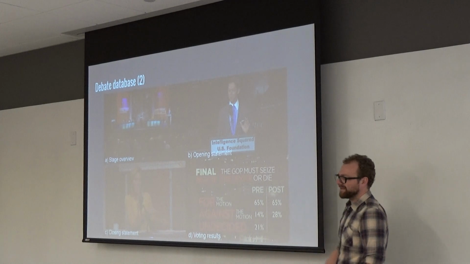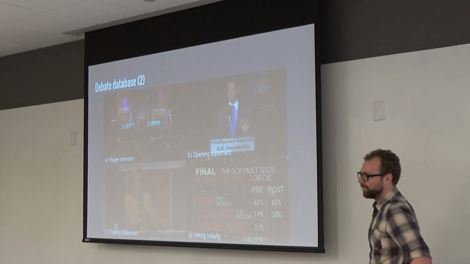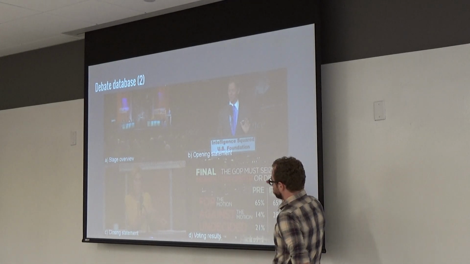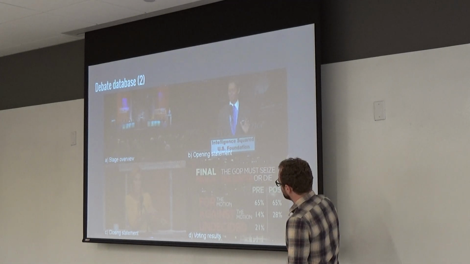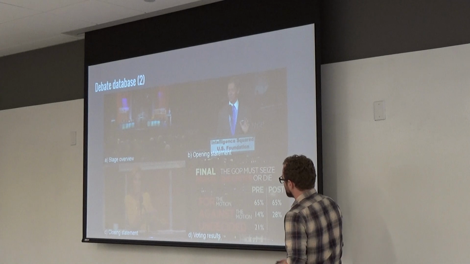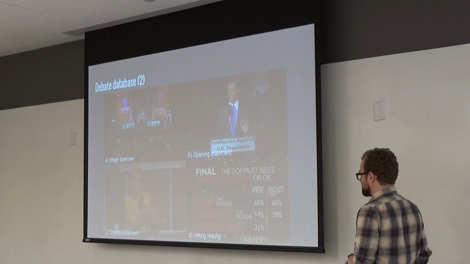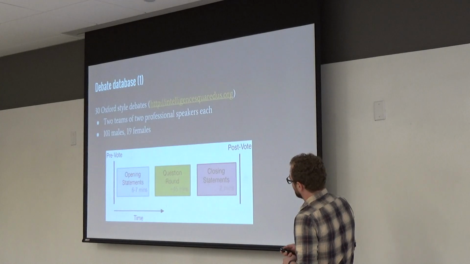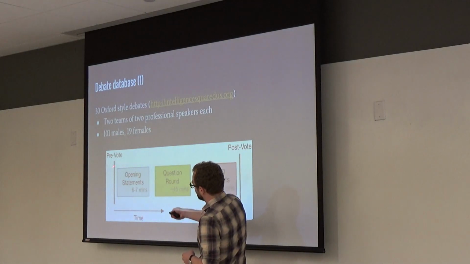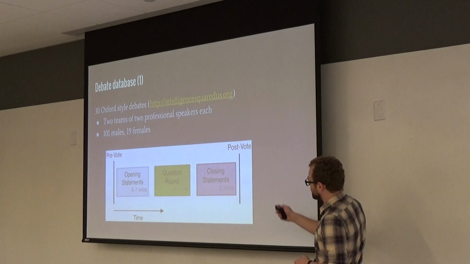So actually the against vote wins this debate because they have changed the most opinions. And the motion in this case was: the GOP must seize the center or die. Just for information, here's the vote before the debate and here's the vote after the debate.